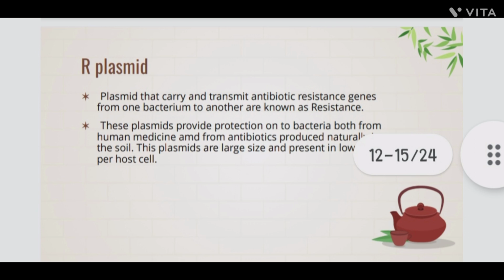We also know that bacteria are responsible for many diseases. R plasmids are those plasmids that carry and transmit antibiotic resistance genes from one bacterium to another. These plasmids provide protection to the bacteria both from human medicines and from antibiotics produced naturally in the soil.